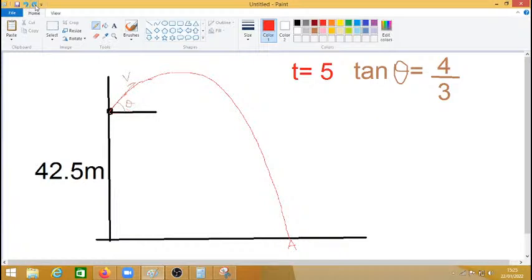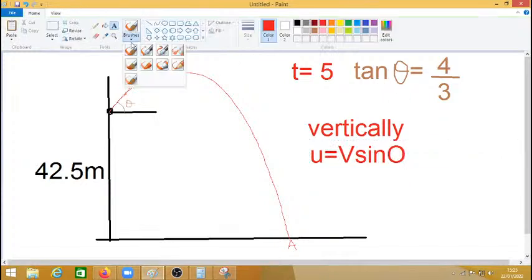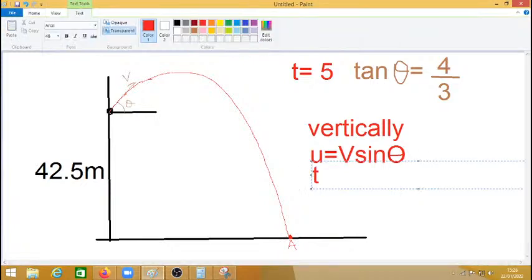So going vertically, we've got V sine theta as the initial velocity. And imagine now we've reached the point where it's hit the ground. So the time is 5 seconds.